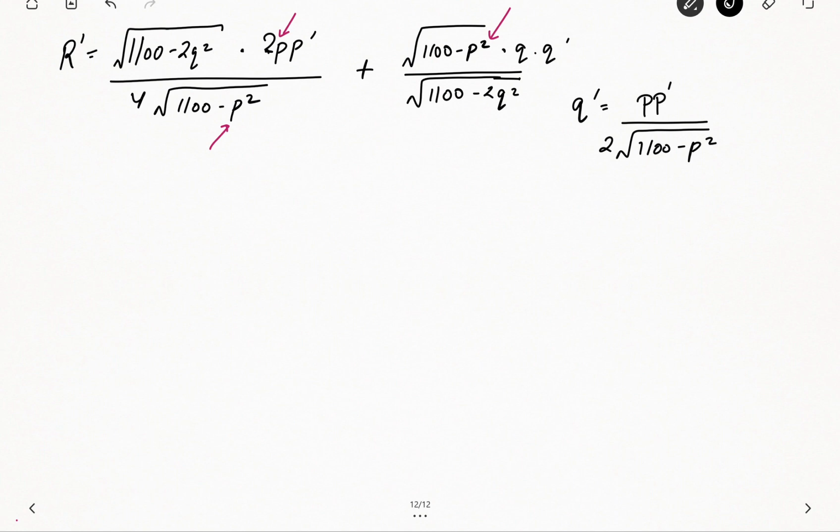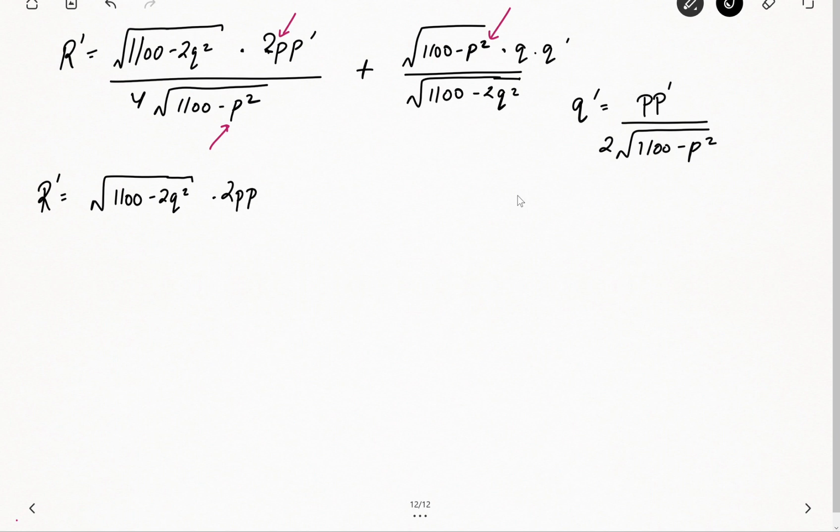At this point, what we have is the whole expression. I'm just going to try to write it. Times 2p prime over 4 square root of 1100 minus p squared.